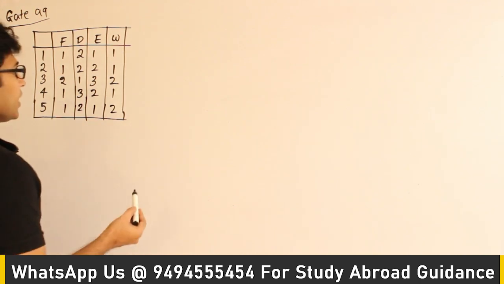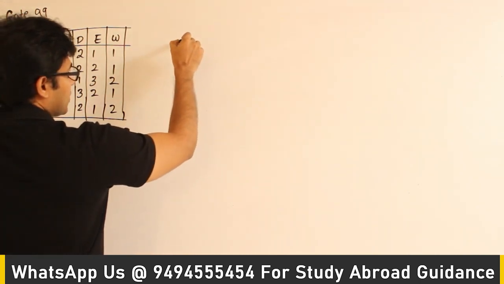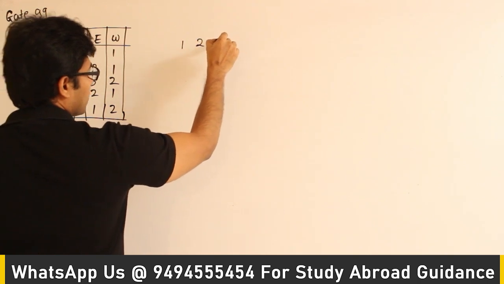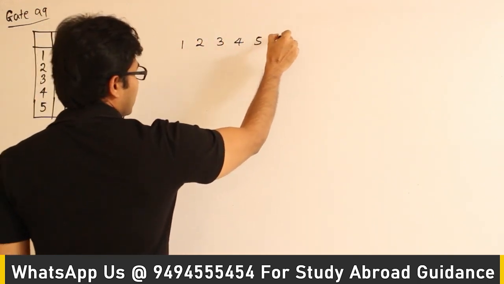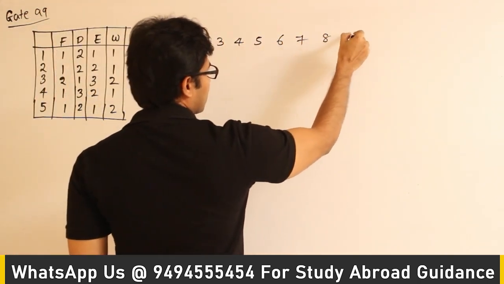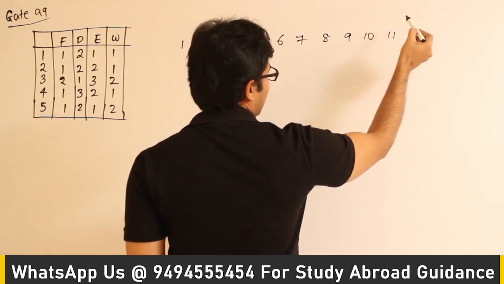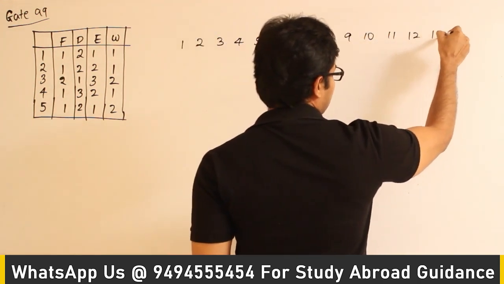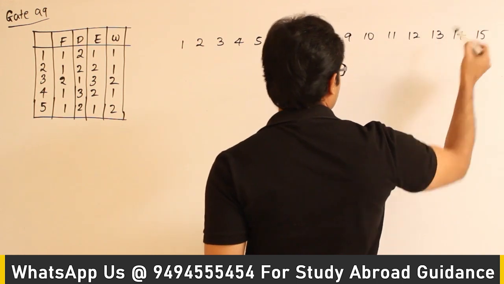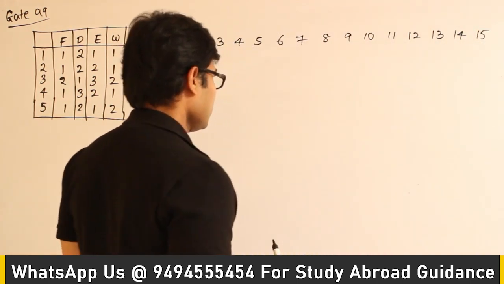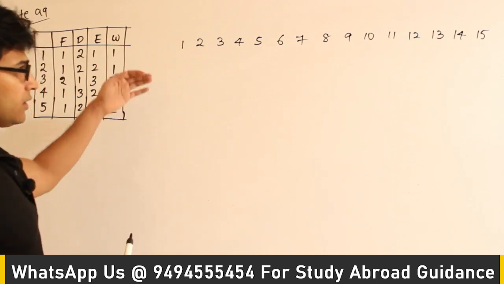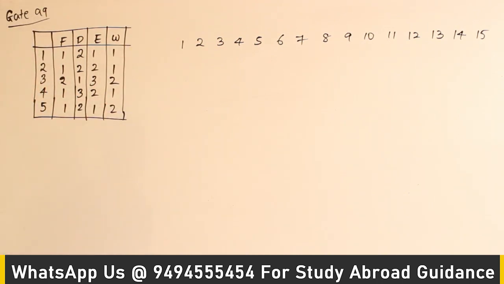Let us say I put all the clocks here: 1, 2, 3, 4, 5, 6, 7, 8, 9, 10, 11, 12, 13, 14, 15. In case these 15 clocks are not enough, we extend it in the next diagram.